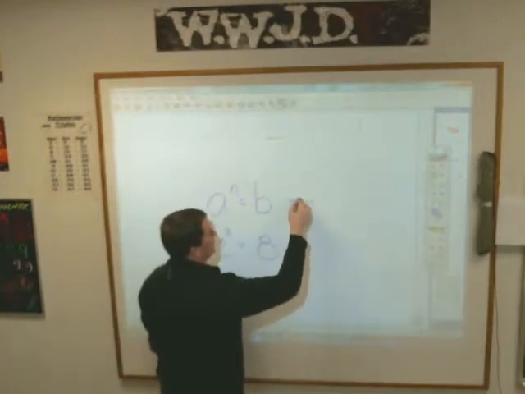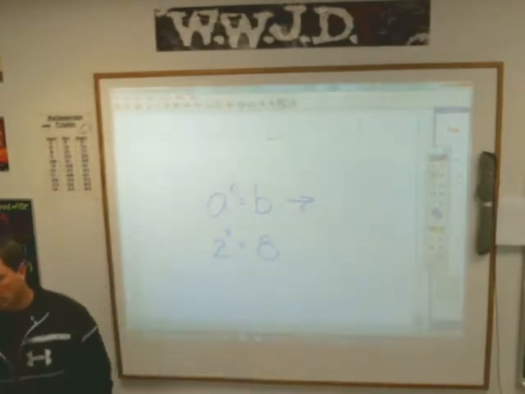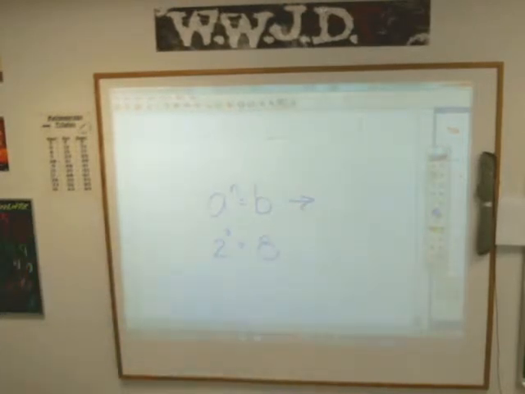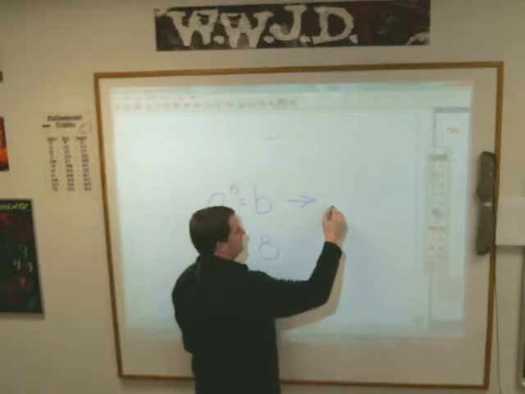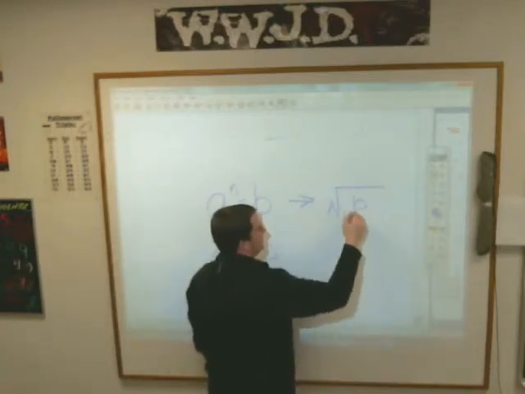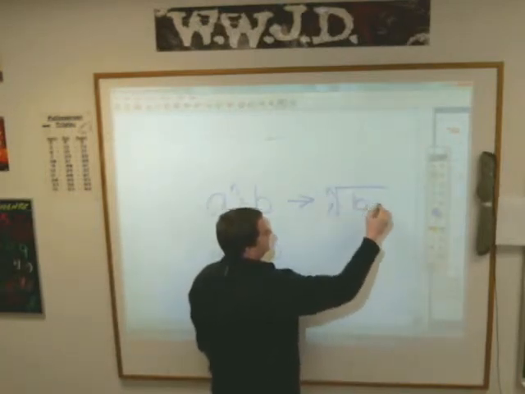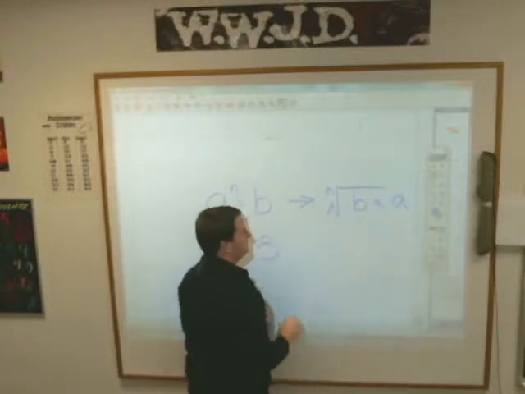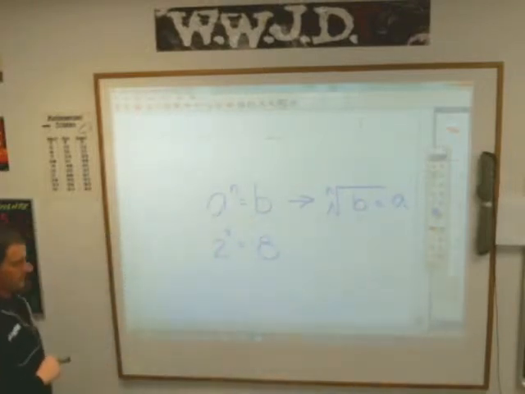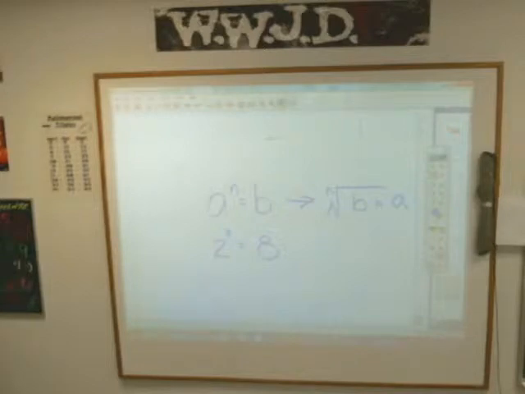If this is true, then we get this. Then this is true as well: b to the n equals a. I'll give you a chance to internalize that. Then, and only then, will we actually throw this around.